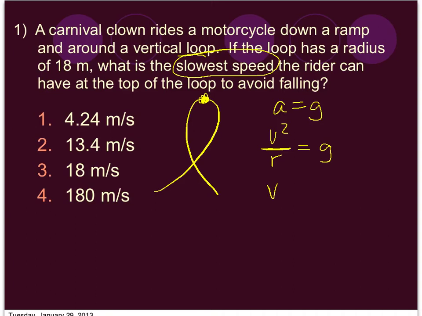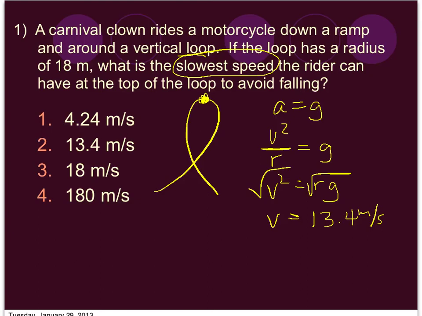Rearrange this equation, and then take the square root. And when you plug and chug, 10 times the radius of 18, take the square root of that, and you should get 13.4 meters per second. Okay.